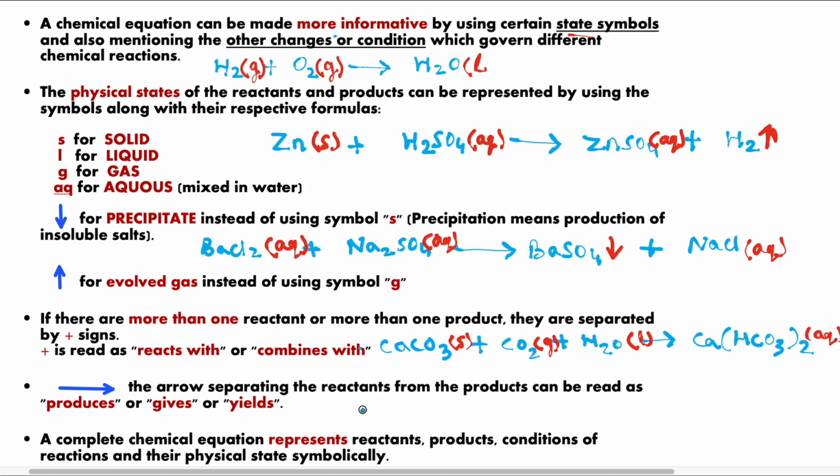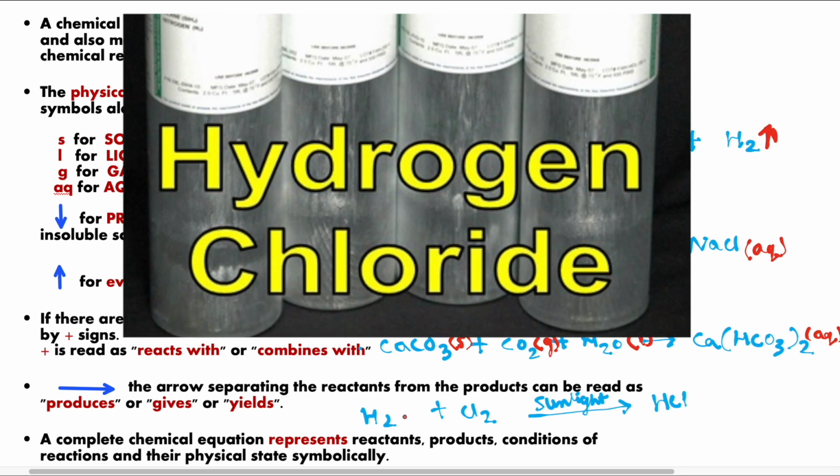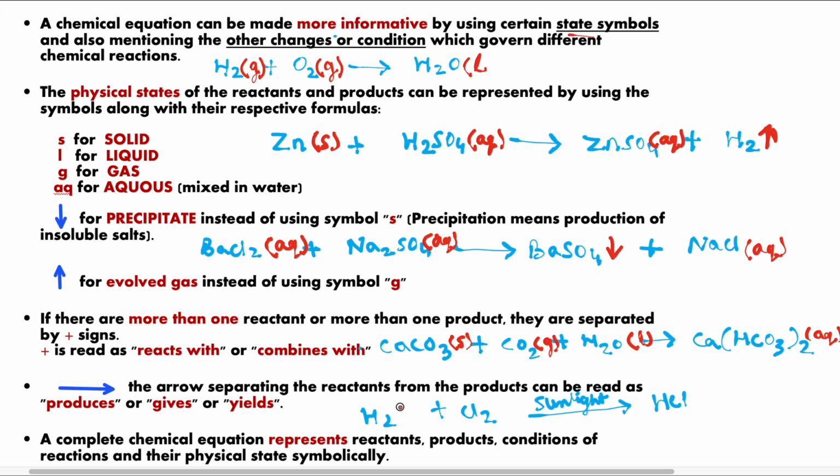Let us see one more example where hydrogen gas reacts with chlorine gas in the presence of sunlight and yields HCl. So here the physical state of hydrogen is that it is gaseous in nature, chlorine is again gaseous in nature, and in the presence of sunlight it forms hydrogen chloride gas.